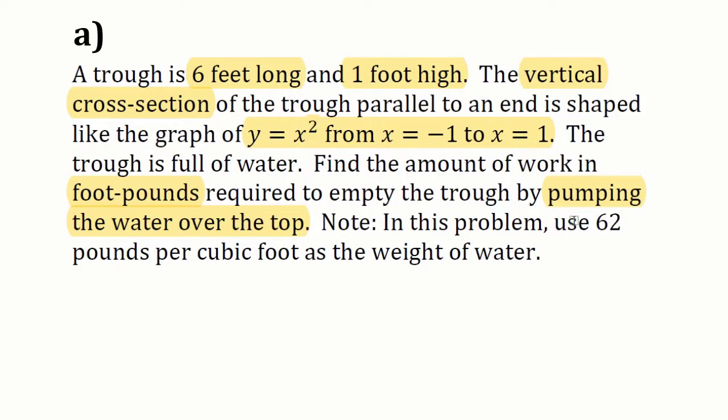We're pumping over the top, and now it's time to use this information: use 62 pounds per cubic foot as the weight of water. That's the weight density of water, in American convention.